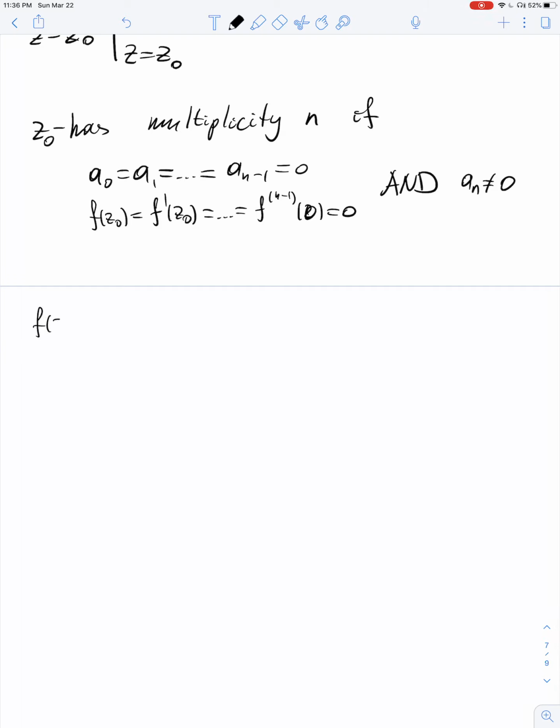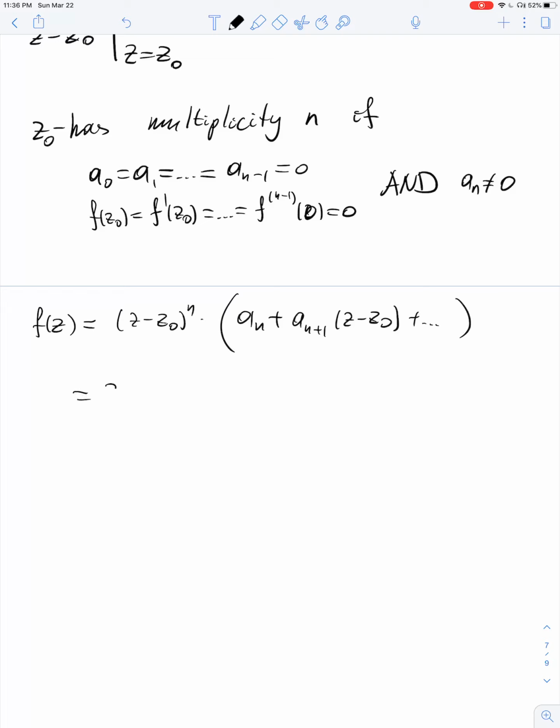So this means that we can do our trick again. Before, in Laurent series, for the pole, we factored out 1 divided by z minus z0 to the power m. Now I can factor out z minus z0 to the power n, and what will be left is an plus an plus 1 times z minus z0 plus so on.